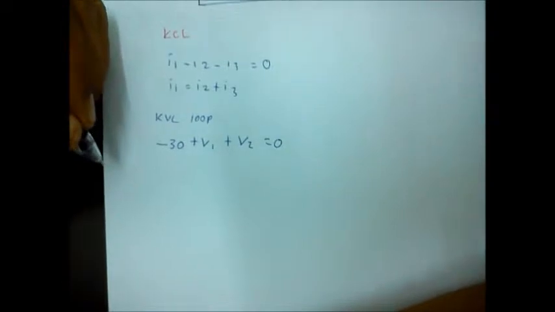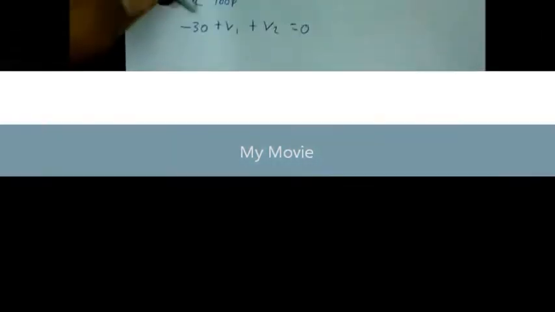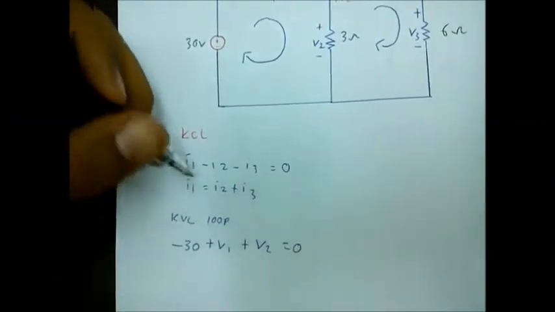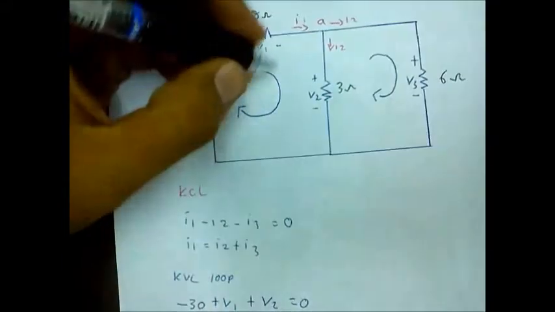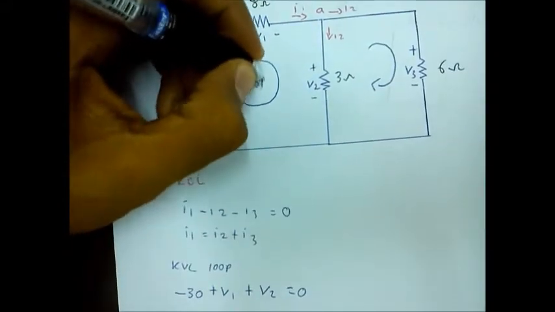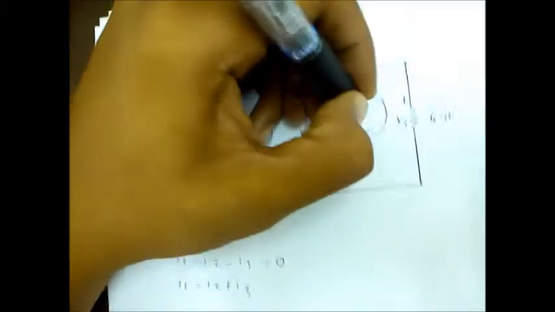Okay, this is the first equation for the first loop and second loop. This is loop 1 and loop 2.